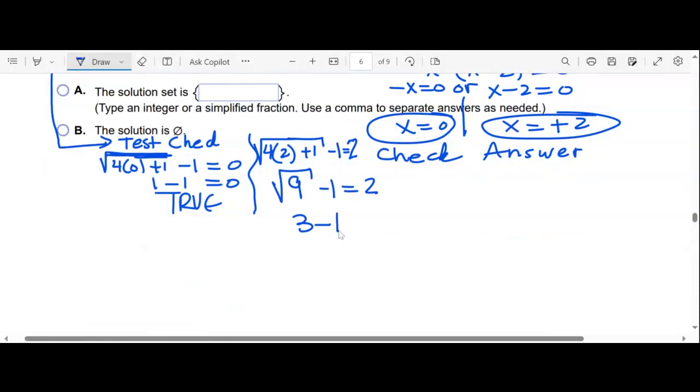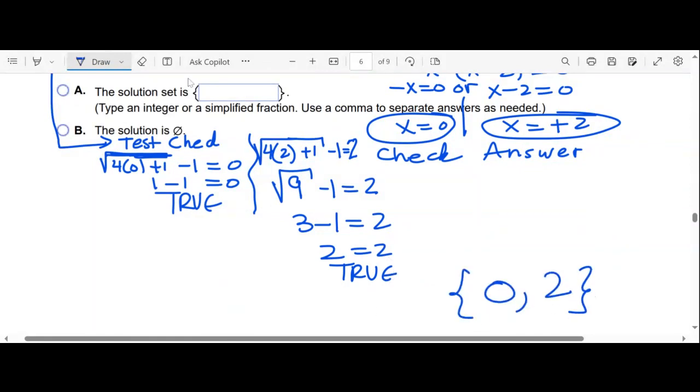So that's 3 minus 1, 2. 2 equals 2, true. So your solution set is what? 0 and 2. So you put it here. Easy? Very good.